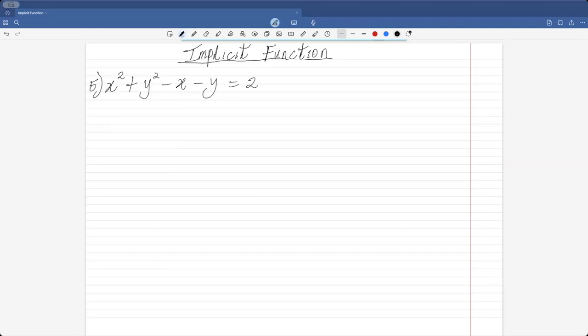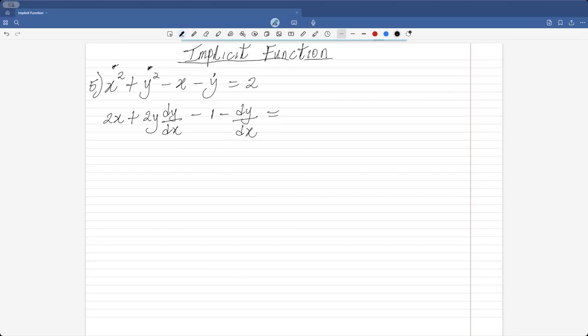So the derivative of x squared is 2x plus the derivative of y squared is 2y dy/dx, minus the derivative of x is 1, minus the derivative of y is dy/dx.